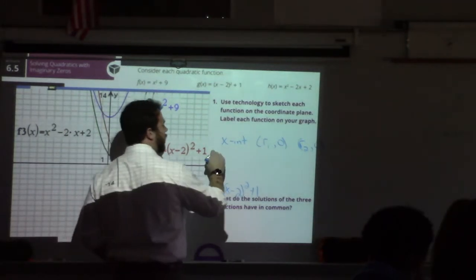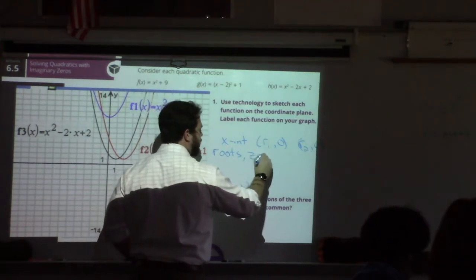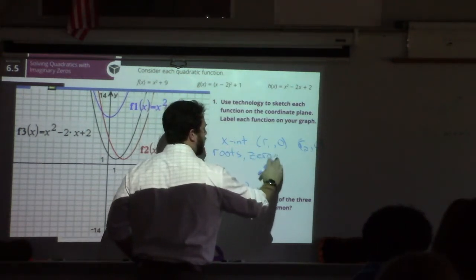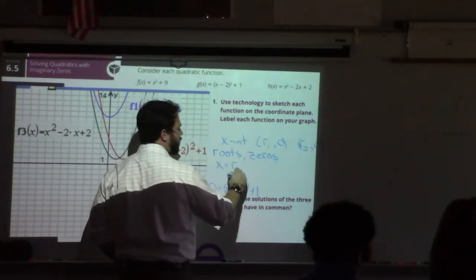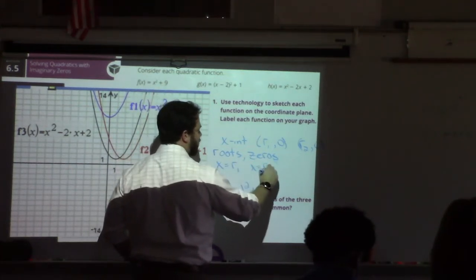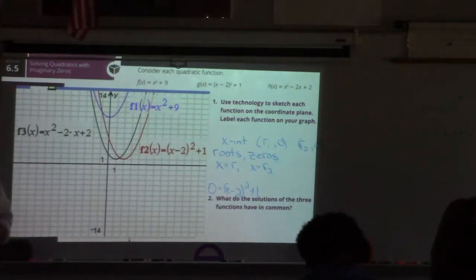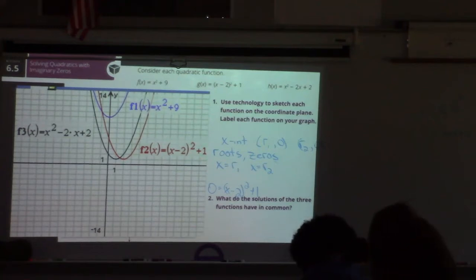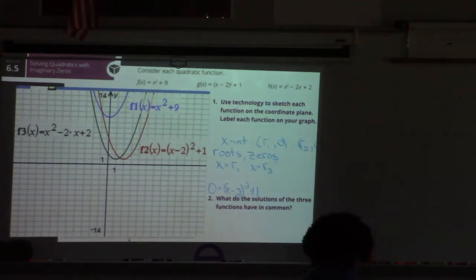However, if I ask you for the roots, or I ask you for the zeros, what I am asking you to do is write it as x equals r1 and x equals r2, right? If I am asking you for the x-intercepts, write it as the point, x comma y, r1 comma 0 and r2 comma 0. But if I'm asking for the roots or the zeros, I want x equals this thing. We good on that detail?